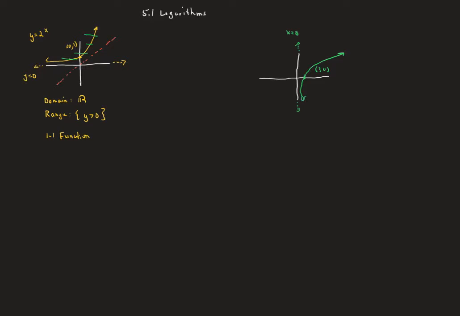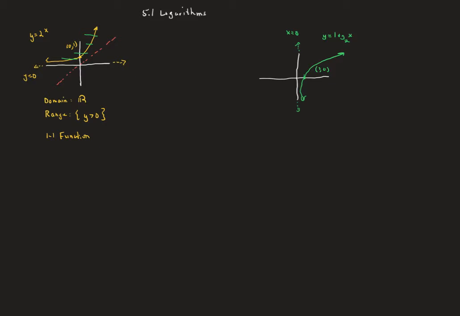So this function in green is the inverse of 2 to the x. And the question is, what should we call it? And of course, as you know from your Algebra 2 days, this is a logarithm base 2 of x. So a logarithm base 2 of x is the inverse of the exponential y equals 2 to the x.